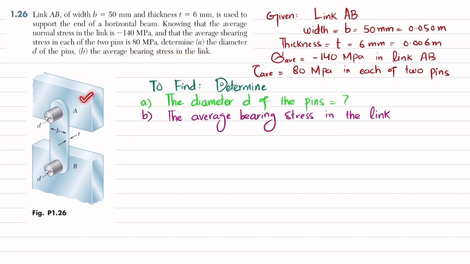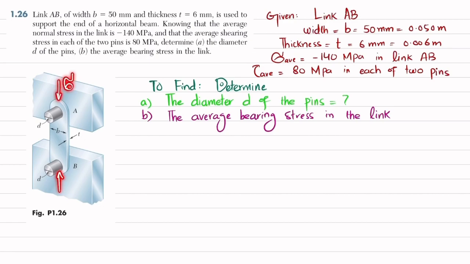So this is a horizontal beam that is supported by this link AB having two pins that are used to support this horizontal beam, and the width of this link is 50 millimeter and thickness is 6 millimeter. And due to this support, there is a compressive stress.